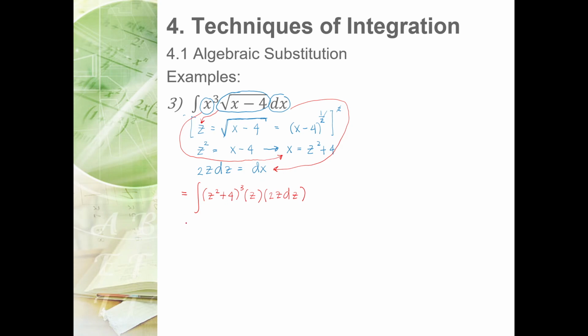So we need to simplify the equation first before we integrate. Removing the constant, this would give us z squared plus 4 cubed, and on the outside of it is z squared dz.